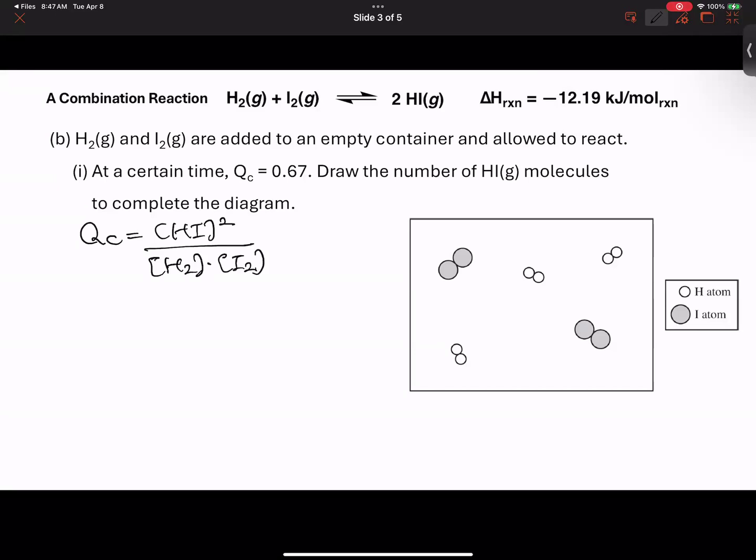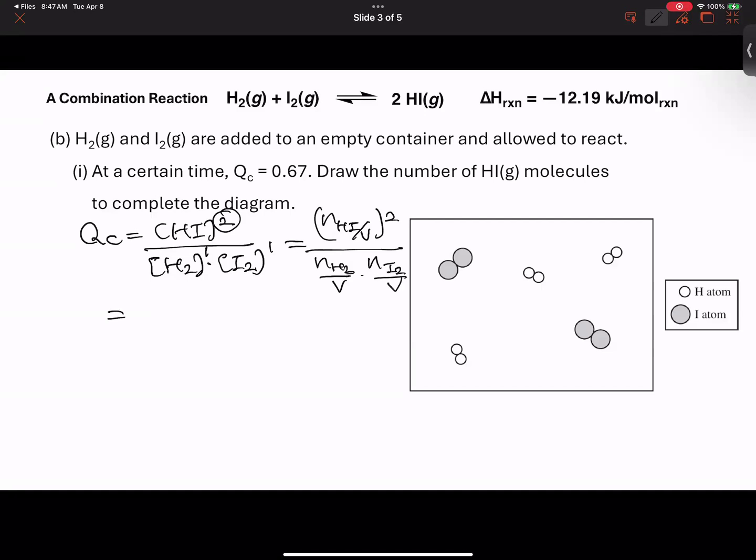Okay, so the powers are 2 and 1 and 1, and this is mole number. So this is the mole number of hydrogen iodide over volume squared, divided by the mole number of hydrogen gas over volume. That's the definition of molarity. Molarity is mole divided by volume, and the mole number of iodine over volume.